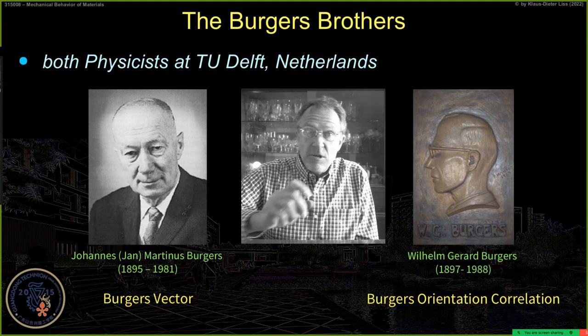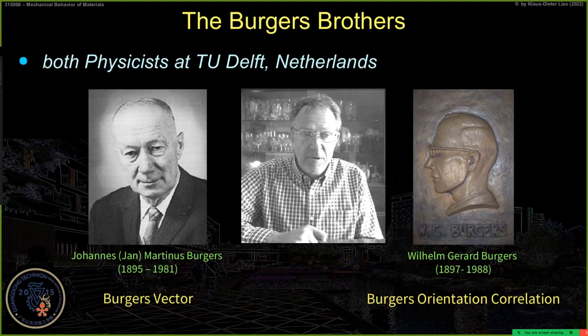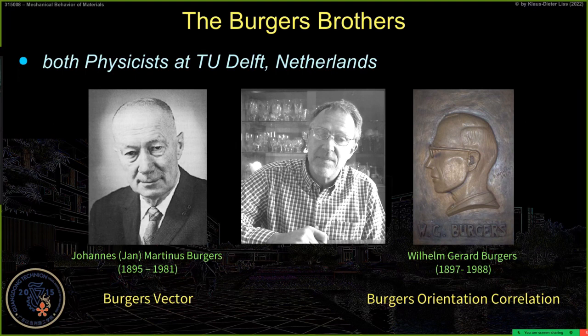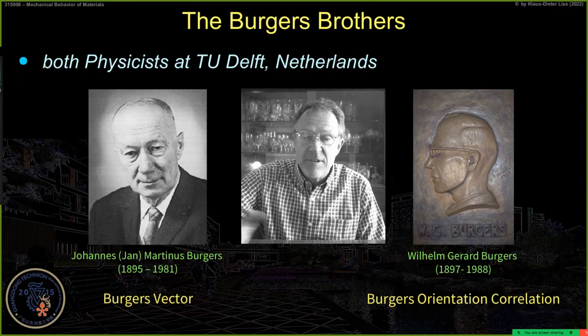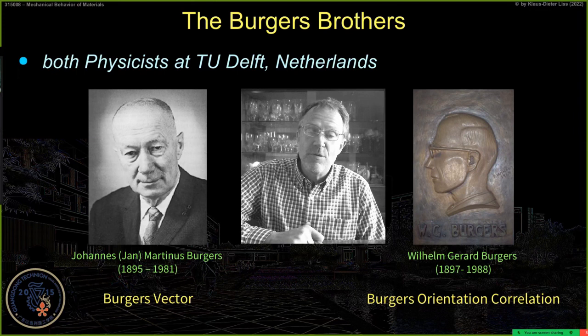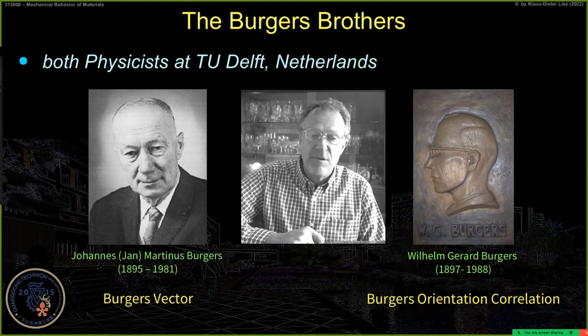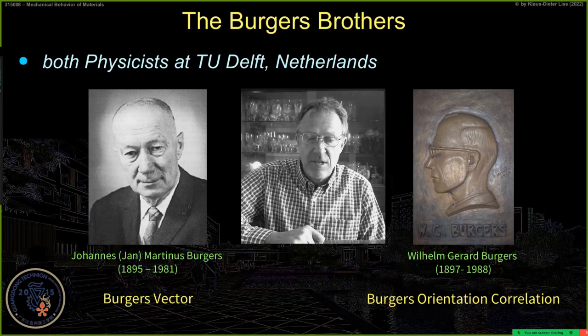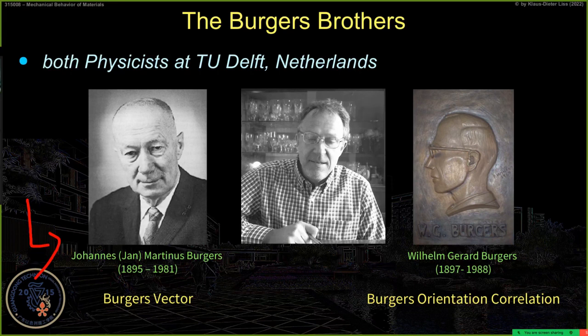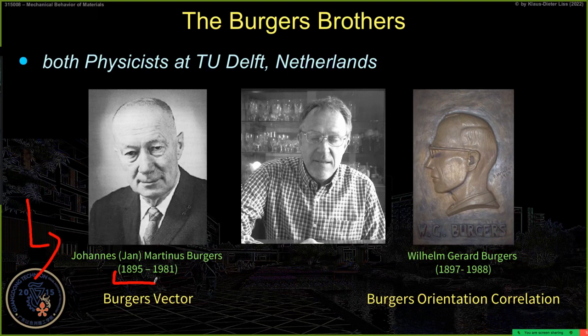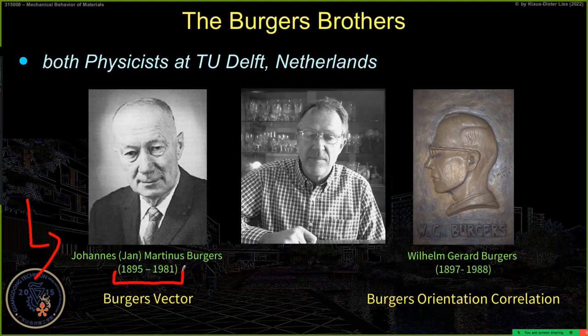So with Burgers, there's more confusion, because there are two brothers. And both brothers are physicists, or have been physicists, at the TU Delft in the Netherlands, Technical University of Delft, famous university in Europe. There was Johannes Jan Martinus Burgers, who lived from 1895 to 1981.